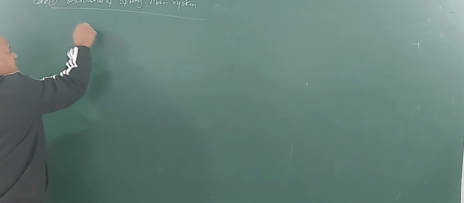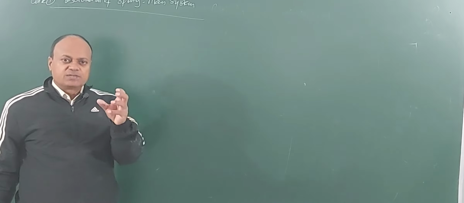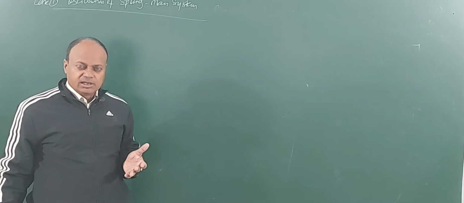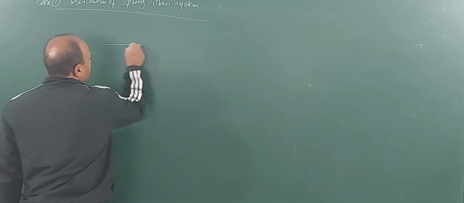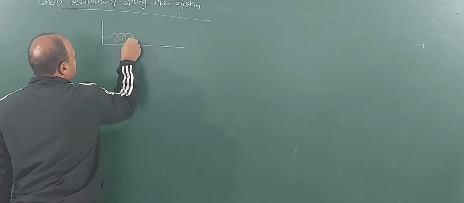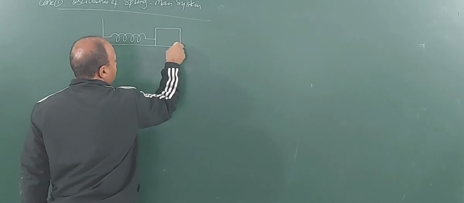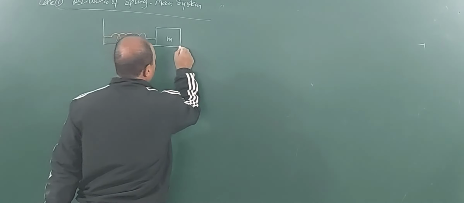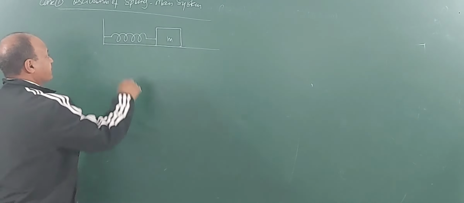In the simplest case, we will have a spring to which a mass is attached, and the mass is kept on a frictionless surface. This is the situation. Here you have a spring, and children, the spring is attached to a mass. The mass is M. Clear? And the mass is kept on a frictionless surface, and we'll assume the spring constant is K.